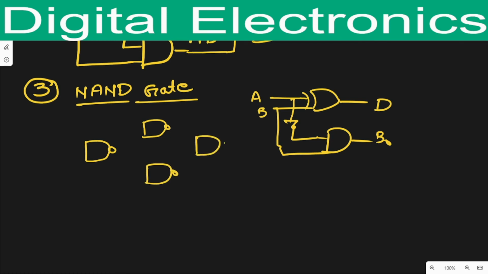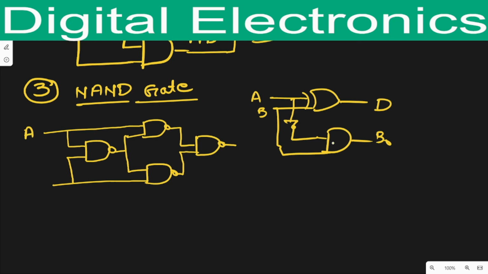So by using four NAND gates, we can draw the XOR gate. This one is the output of the XOR gate. If A and B are given, accordingly we will get the difference from this path, because this XOR can be represented by using NAND gates in this combination only. Is it clear to all of you?